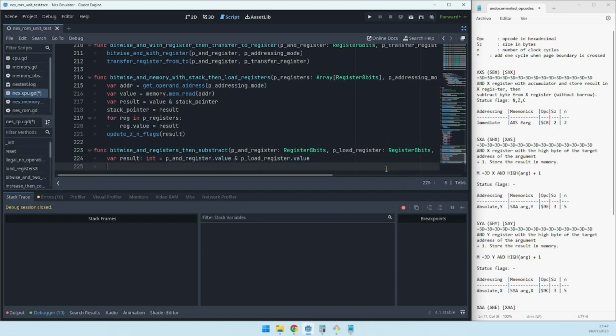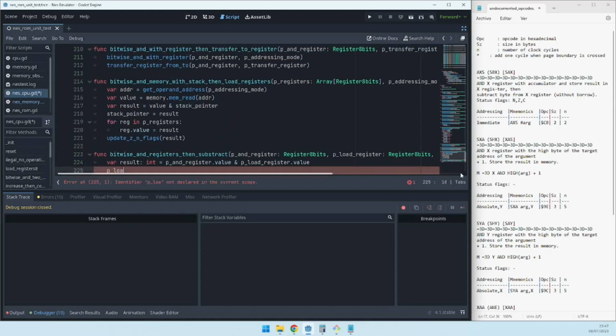So the register. How does it work in Rust?